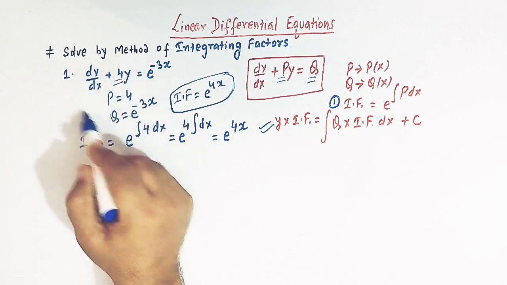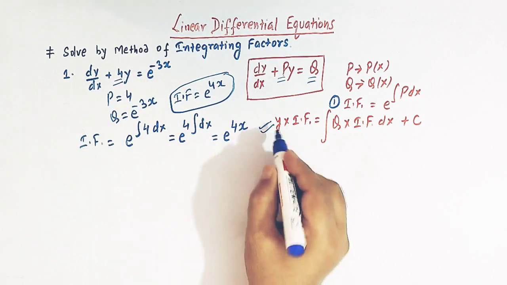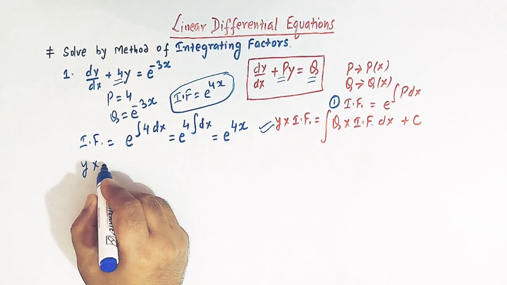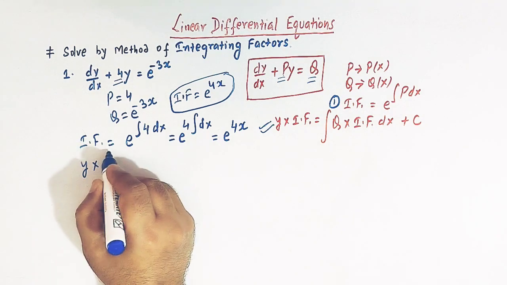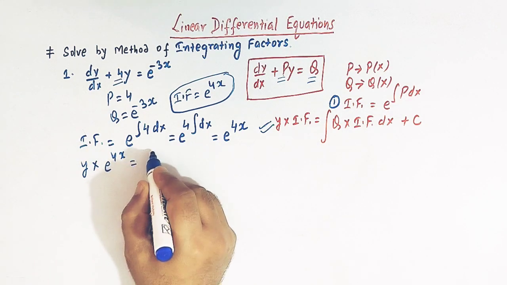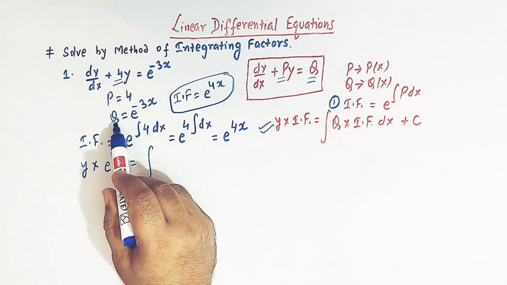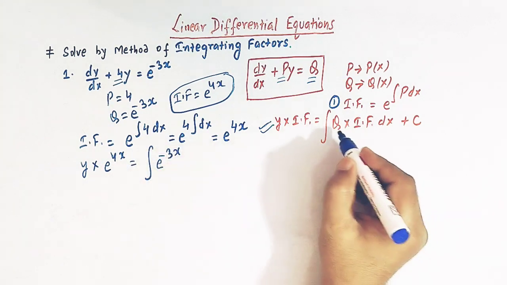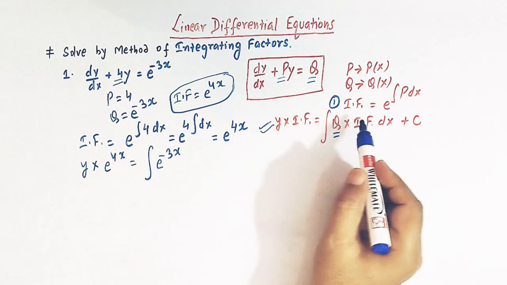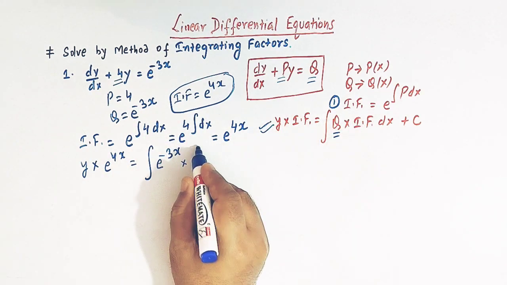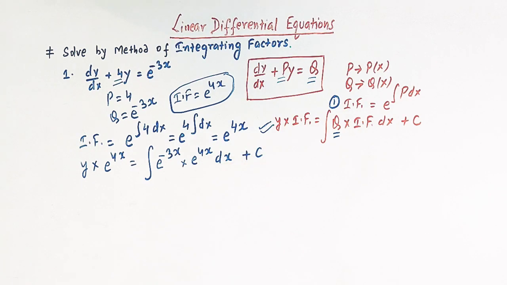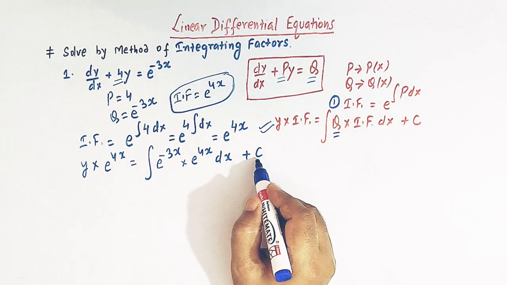Now the solution of this differential equation is given by y times the integrating factor. The integrating factor is e^(4x), and then we have the integral, where the value of Q is e^(-3x) and the integrating factor is e^(4x), dx plus c, where c is the constant of integration.